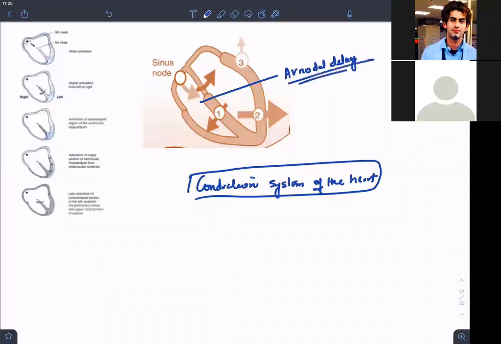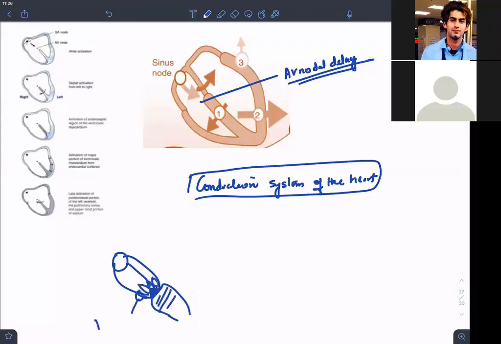Why is there an AV nodal delay? Why is the AV node keeping the current for some time after it gets the current from the SA node? Why is it not giving the current at the same time to the ventricles? The reason is that we had some transitional fibers. I hope you remember once we drew an SA node and we made it like this, and we had those fibers here.